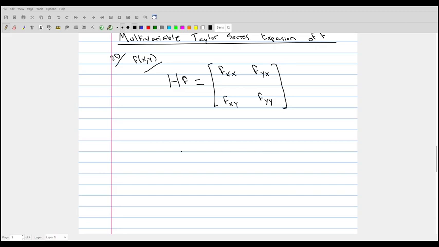But the main result that you can show using the multivariable Taylor series expansion is the following: if R star is a local minimum, then the Hessian matrix has this property from linear algebra called positive definiteness.